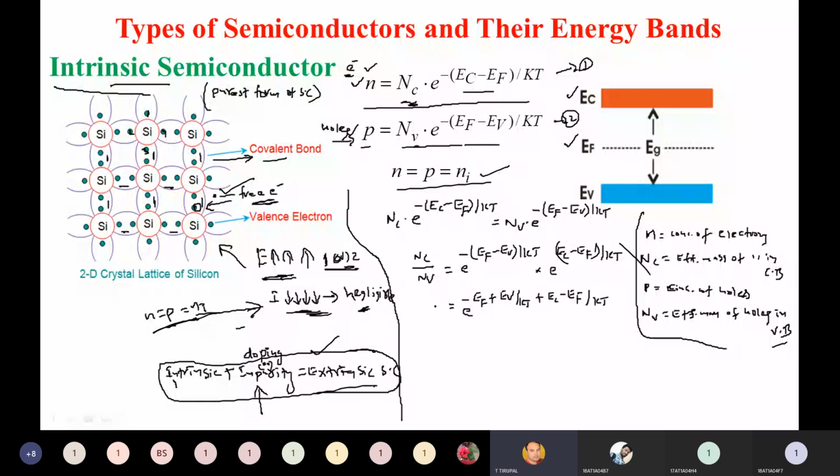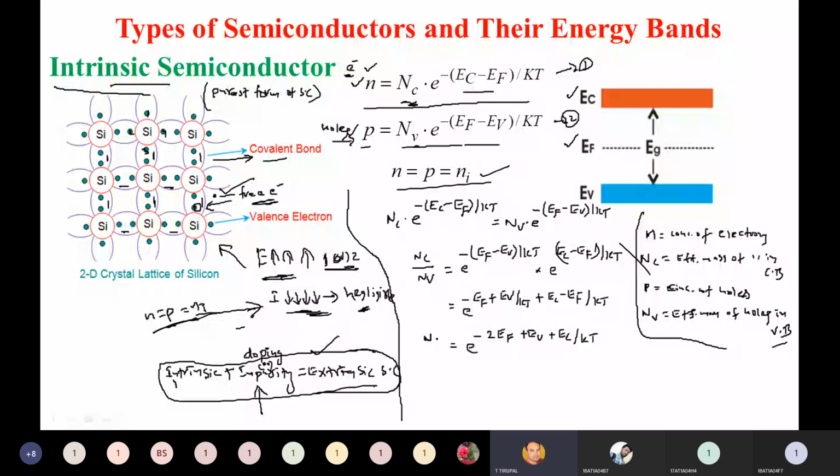Because both are e powers, I am adding them. So that is equal to e power of (minus 2Ef plus Ev plus Ec) divided by kT. Okay, Nc divided by Nv.